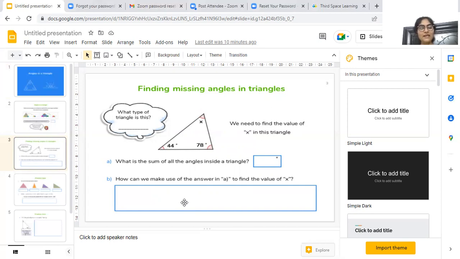Now we are given the equation x plus 122 equals 180. Now we need to take away, right? So 180 take away 122 gives us 58. It's so quick.